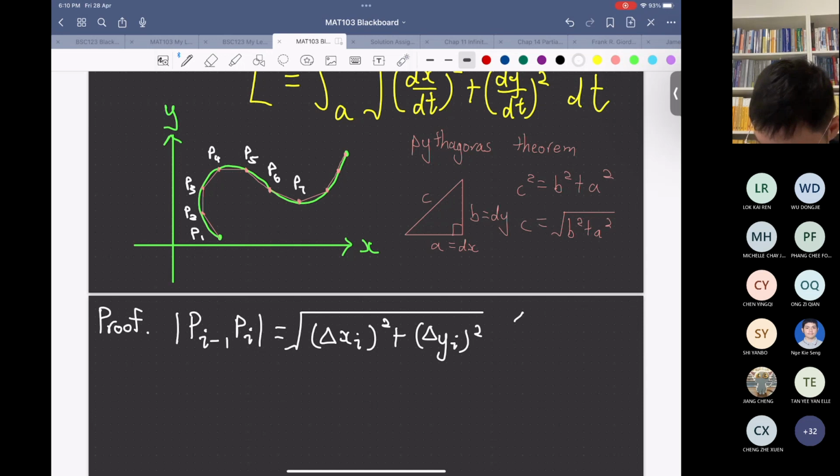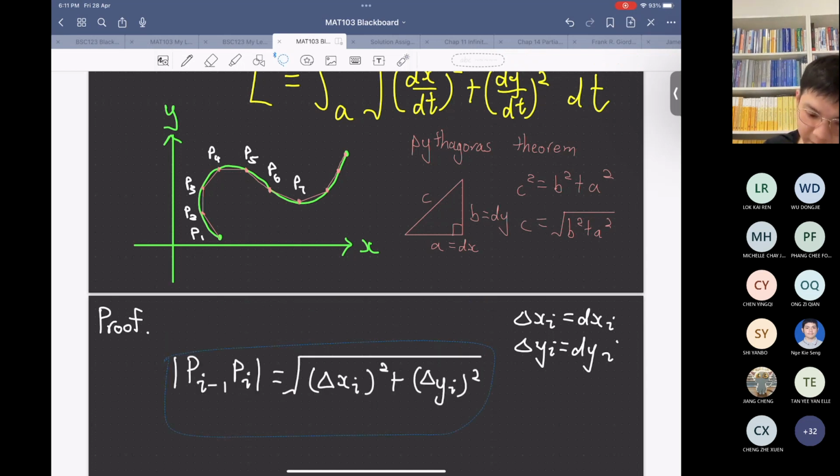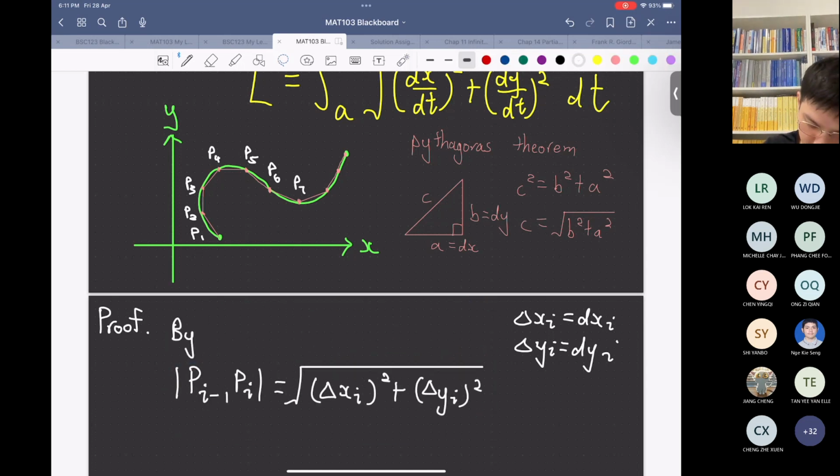For now, you can really regard these two as the same thing. This one is by the Pythagoras theorem.